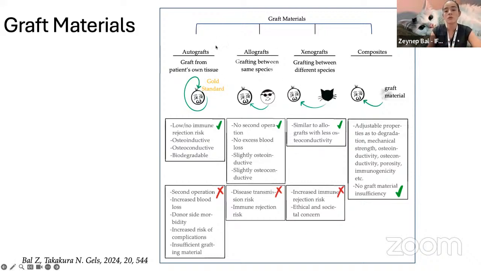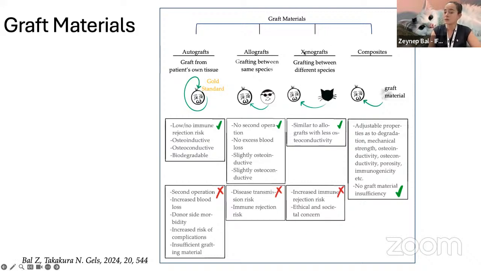So the surgeons go for allografts. It means that from you to me, we are the same species, but we are different individuals, which means that your tissue may not be suitable for me. So there will be an immune rejection and disease transmission risk.